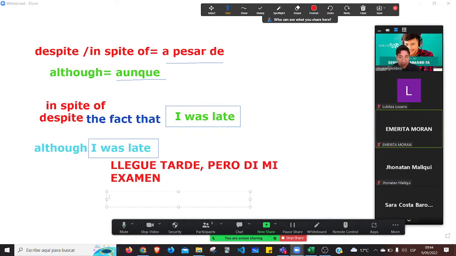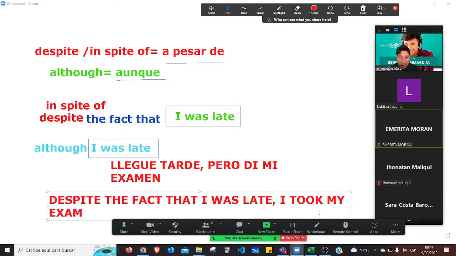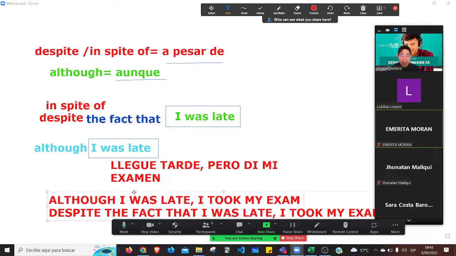Entonces puedes decir, a pesar de que llegué tarde, despite the fact that I was late, I took my exam. O puedes decir, aunque llegué tarde, although I was late, I took my exam. Although va de frente. ¿Ahora sí se entendió?